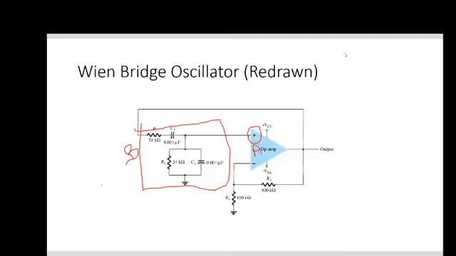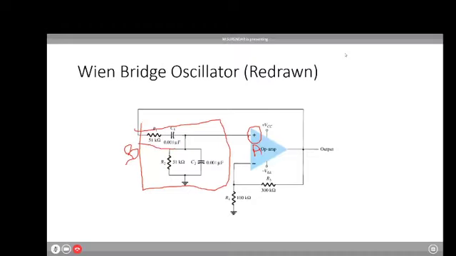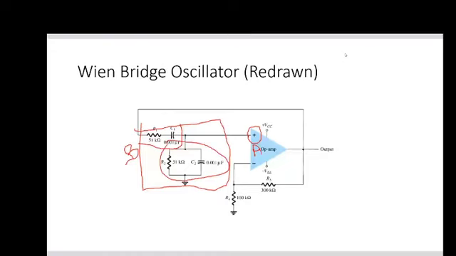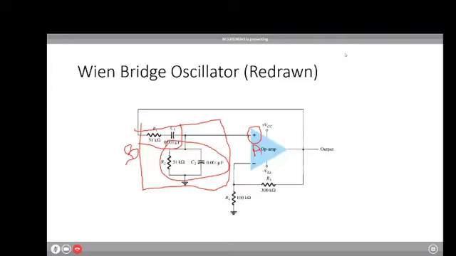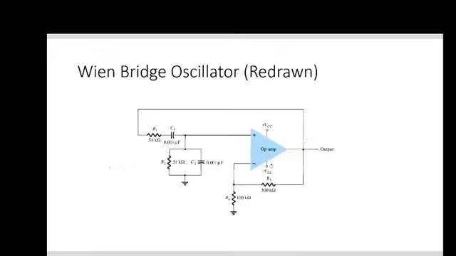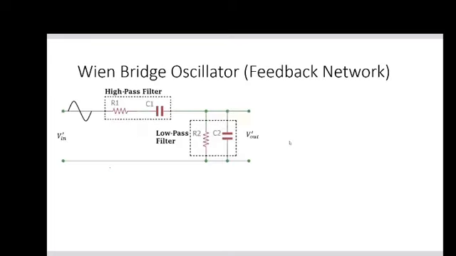Now if you take this circuit, it has a resistor and a capacitor in series, and a resistor and a capacitor in parallel. This is the circuit we have. I am redrawing this part alone, because we are going to analyze this particular part alone, to understand the feedback network of the Wien bridge oscillator. You can clearly see the resistor R1 and C1 here.